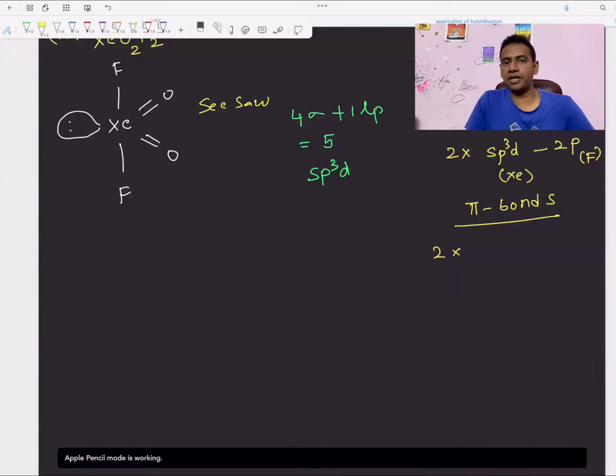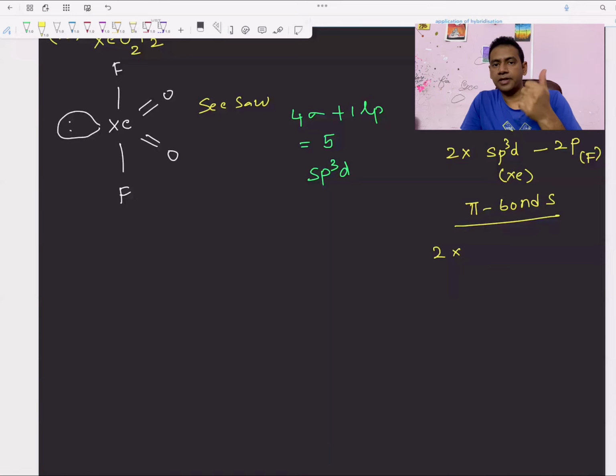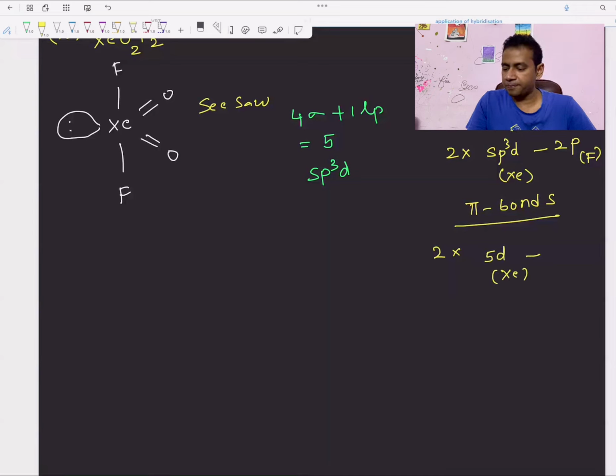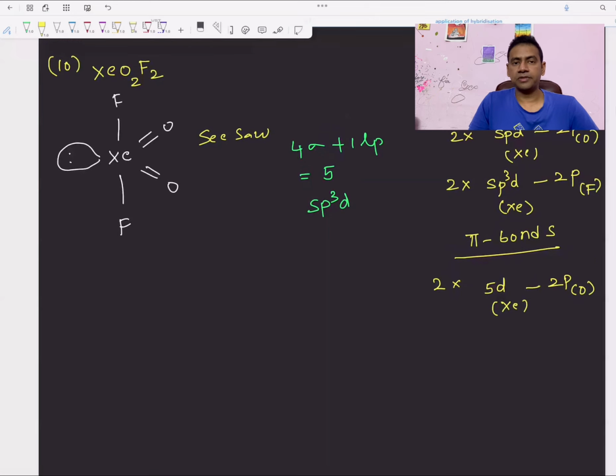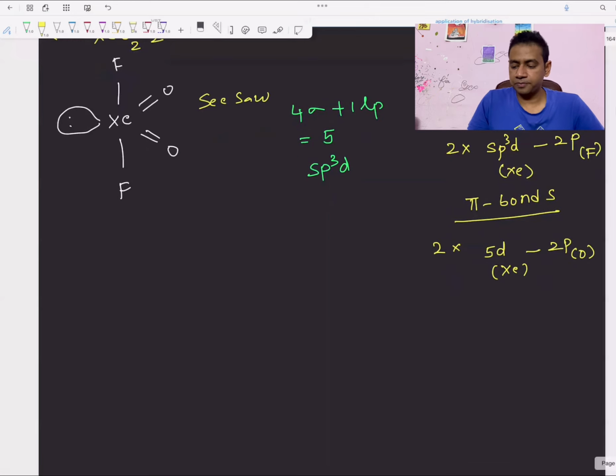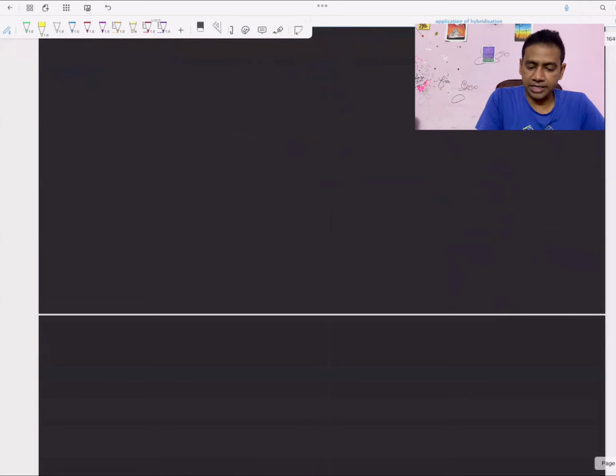Xenon belongs to which period? Helium, neon, argon, krypton, xenon. Xenon belongs to the 5th period. Therefore, it must use its 5d orbitals to form pi bonds with the 2p orbital of each oxygen atom. Therefore, we have 2 pi bonds in the molecule XeO2F2. Now let us take another example.